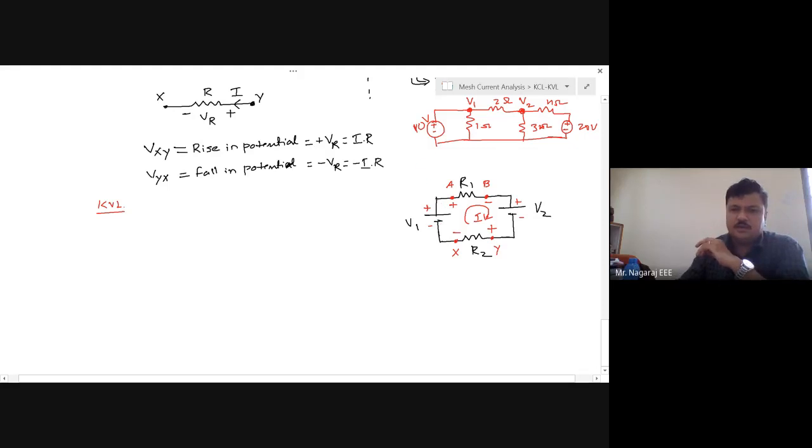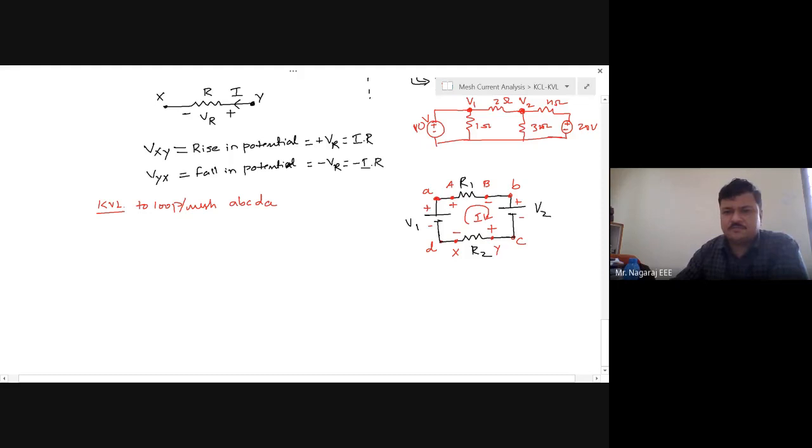Now let me take the loop as A, B, C, D. Applying KVL to loop or mesh A, B, C, D, A. Here loop and mesh are the same because there is only one series connection.